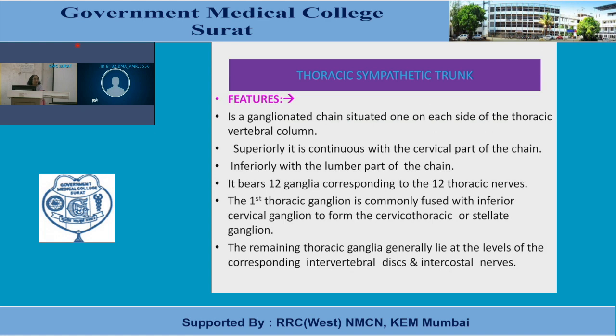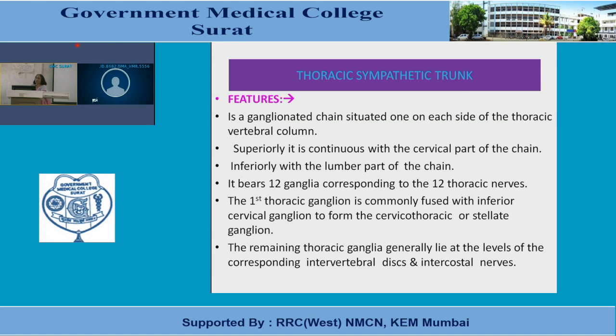You have done the cervical part of the sympathetic chain in the head and neck, and the lumbar part of the sympathetic chain in the abdomen accordingly. Now what about the thoracic part of the sympathetic chain? What are the features? So what is the sympathetic chain? It is a ganglionated chain situated one on each side of the thoracic vertebral column.